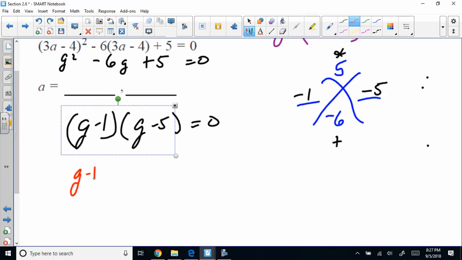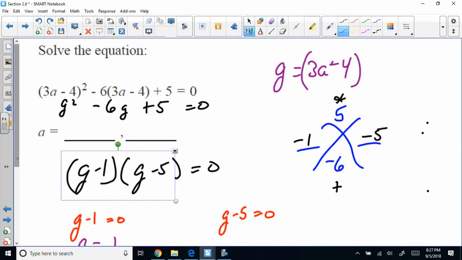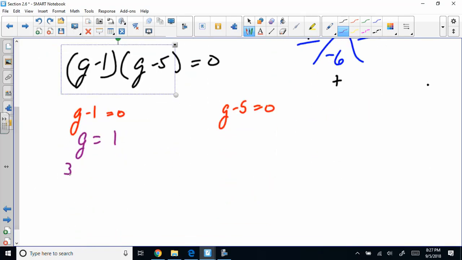g minus 1 equals 0, and then I'll do g minus 5 equals 0. Let's take the first one first. So I'm going to add, g equals 1, right? Well, what did we say g was equal to, really? There you go. Now how easy is that? Now just finish solving that.